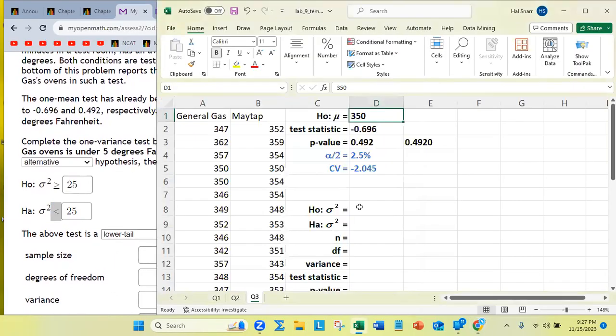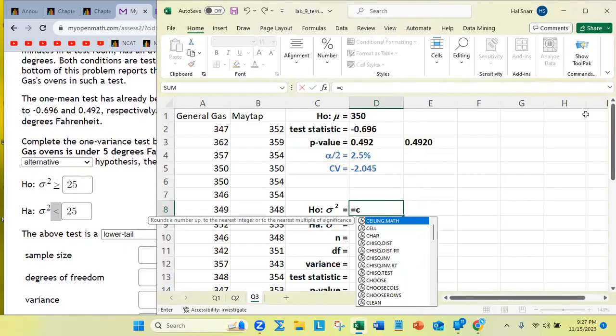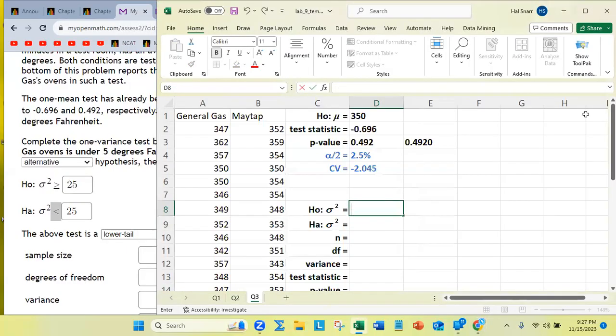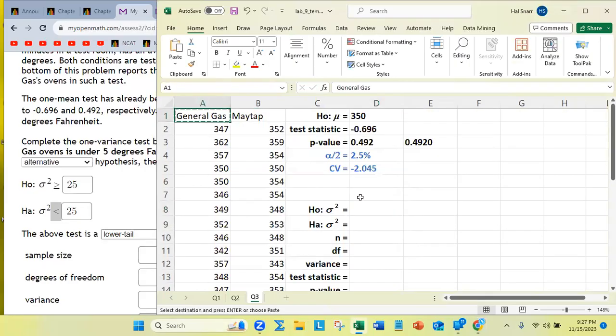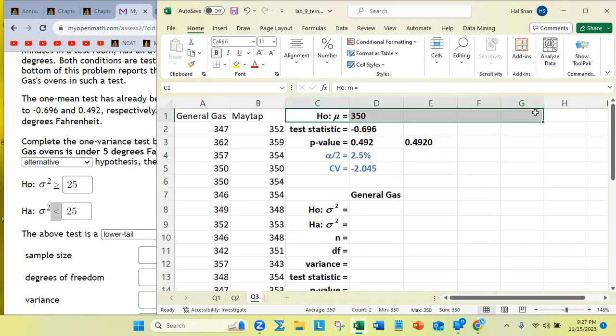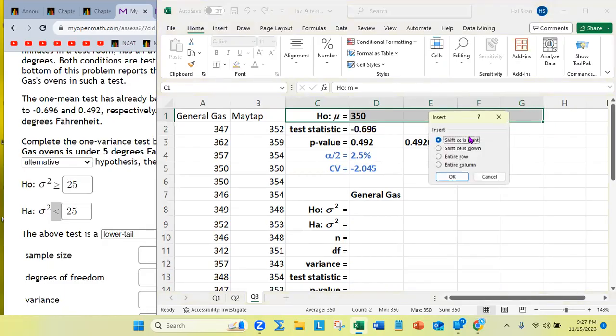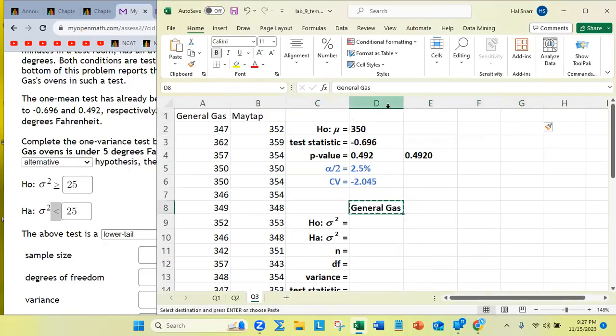Now the sample size, we're going to type equal. Oops. We got to change this right here. This is for our one variance general gas test, right? So this is the general gas one mean test, and this is the general gas one variance test.